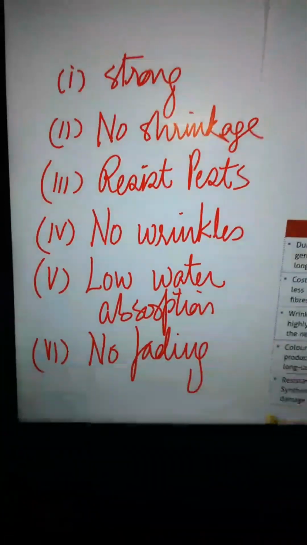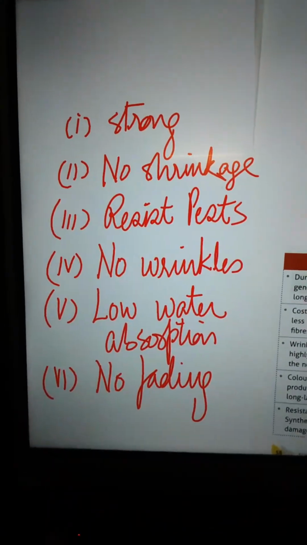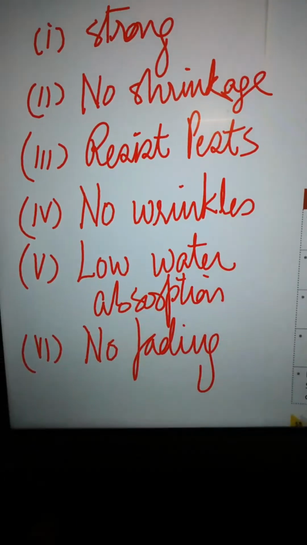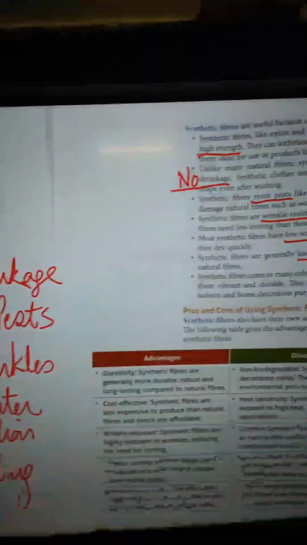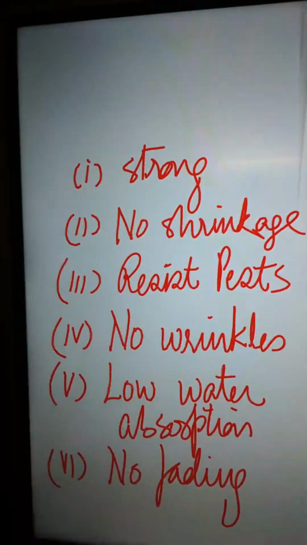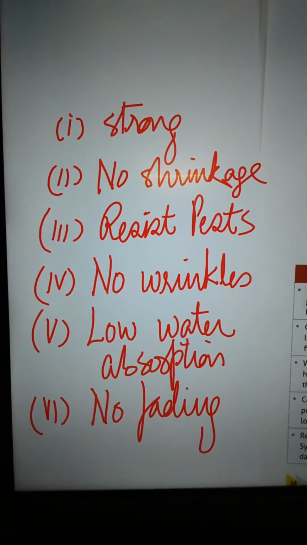No fading means they will not fade. They will not lose the color. Normally, if you have any cotton cloth, it will lose the color. So these are some properties of synthetic fiber which make them useful. So these are given. If you want, you can take a screenshot of this to help you remember this quickly.